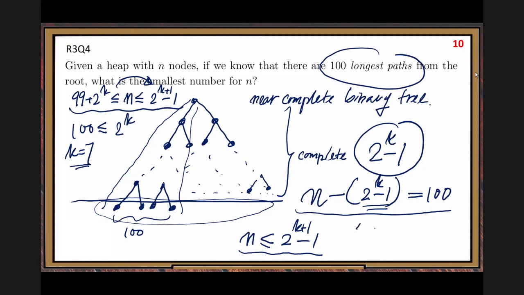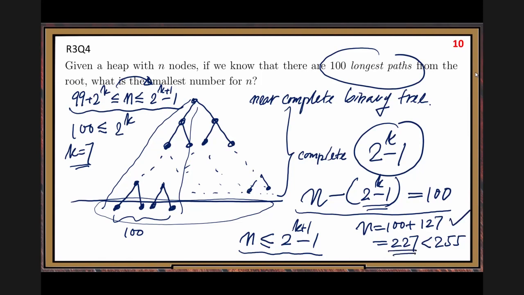Then n equals 100 plus 127, which is 227. Is 227 less than or equal to 255? Yes, so 7 is okay. So n equals 227.